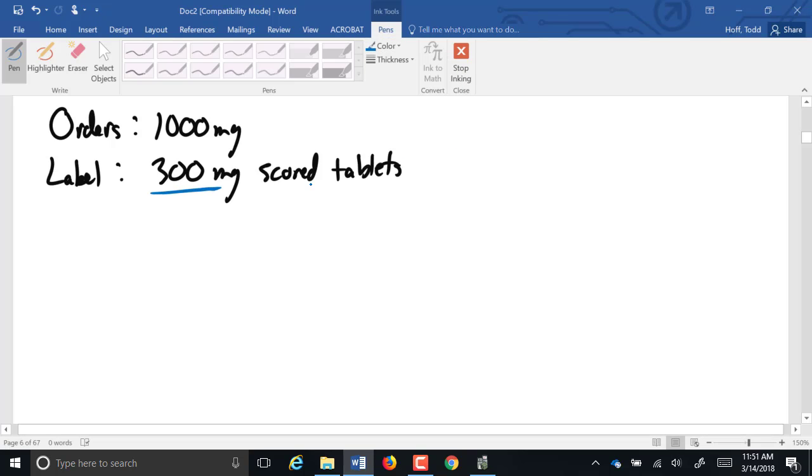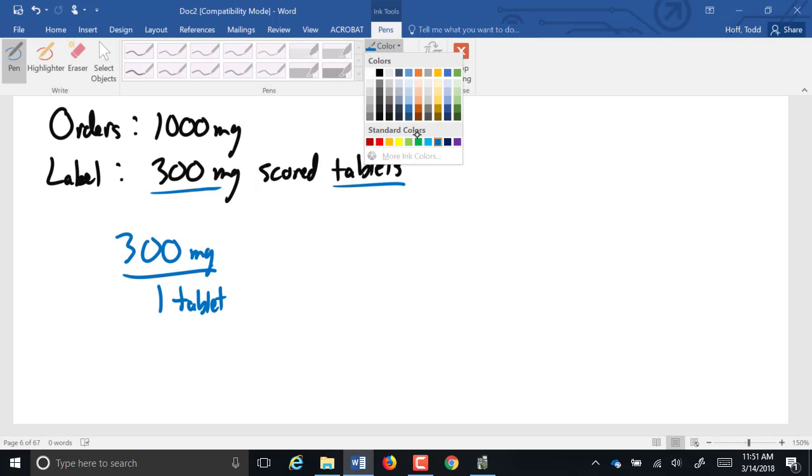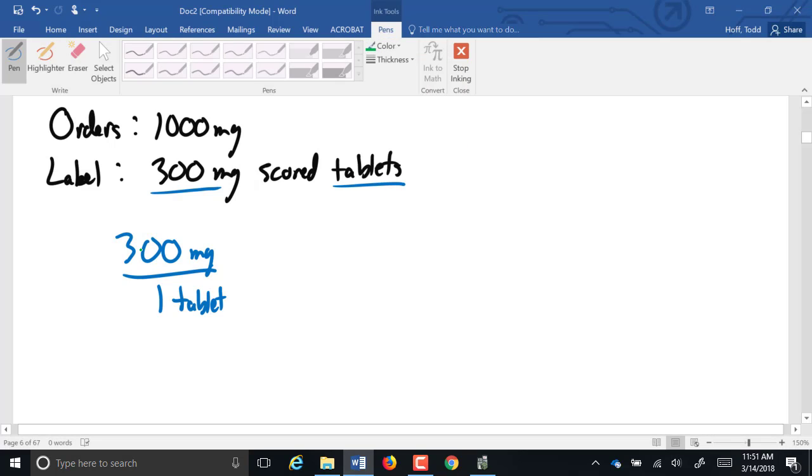So 300 milligrams scored tablets is a ratio, actually it's not a ratio, it's a rate: 300 milligrams per one tablet. And now we can use that rate, that's our label information, to relate to the doctor's orders and what we're going to administer.